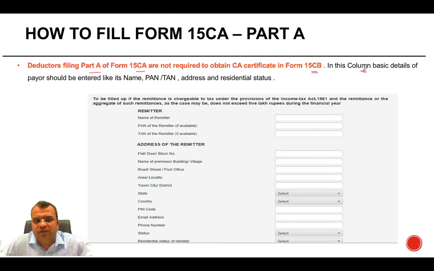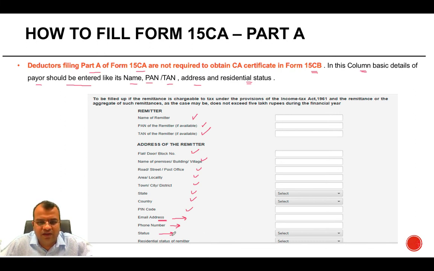In this column, the one that we are looking at, the basic details of the payer should be entered, like its name, PAN, TAN, address and residential status. So name of the remitter, PAN if available, TAN, the address, all these are criteria which we had discussed earlier. Now here comes the email address. You need to give the email address of the remitter, the person who is making over the money, the phone number, the residential status, whether he is a resident or a non-resident.